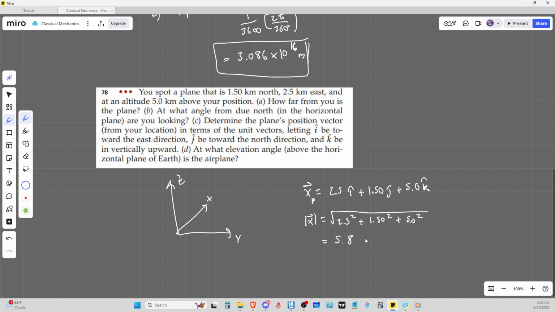The significant figures here. So from us, it's around 7.8 meters.